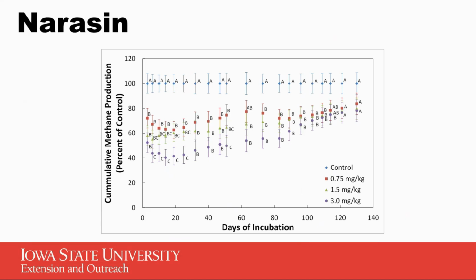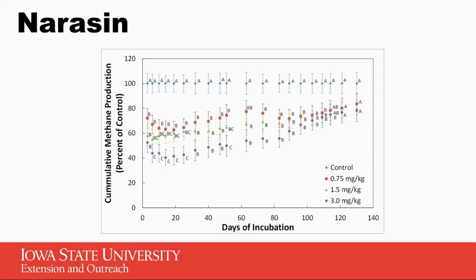So this is where I bring everything full circle. If I get a call from a producer and they've got a foaming issue, what can they do? The best recommendation I can give at this point, and there are lots of folks that maybe have different opinions, is to use some type of an ionophore.